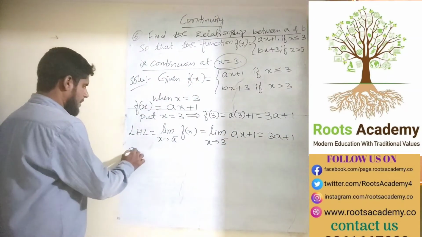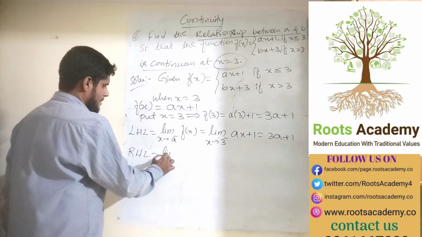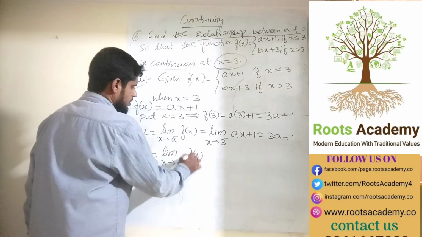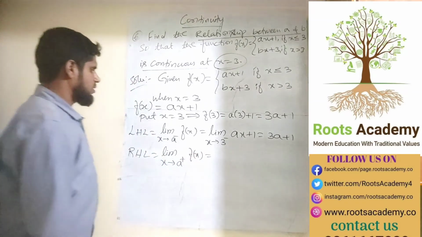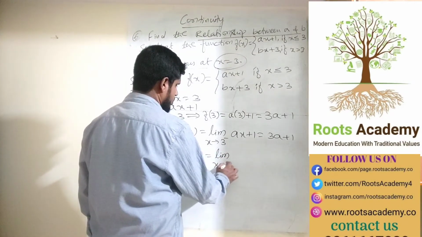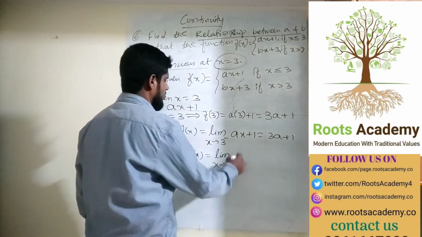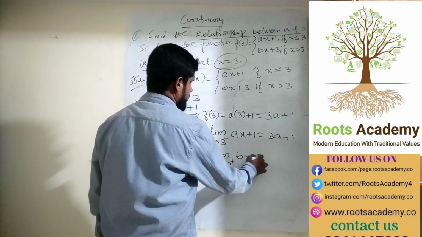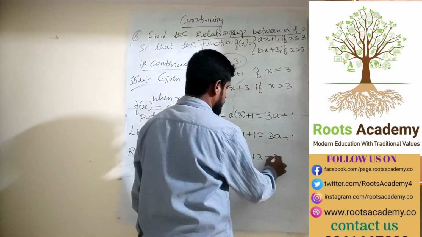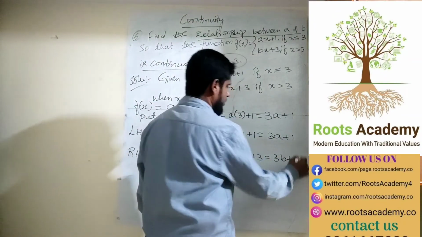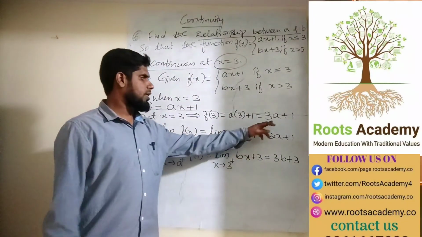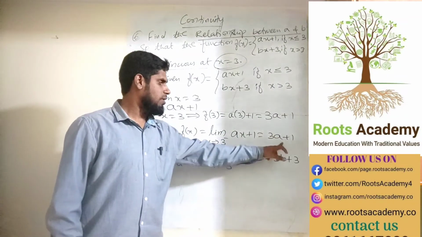Next, right hand limit. Limit x tends to 3 plus f of x equals limit x tends to 3 plus bx plus 3. So that equals 3b plus 3. So you can see here, these two are equal, but this is not equal.